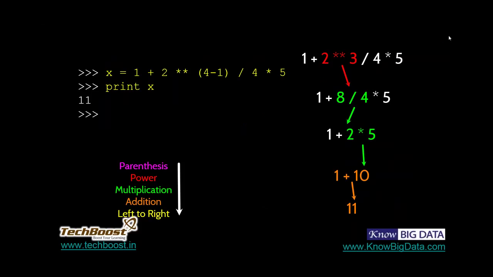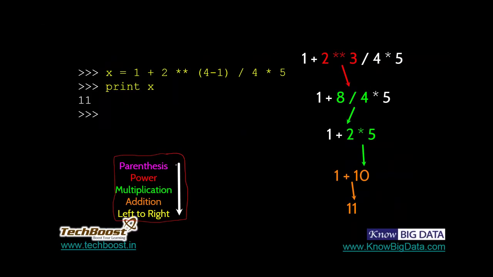Here is the pictorial representation of how the evaluation happens. This is our expression, and let's see how it gets evaluated. We need to remember this picture when evaluating an expression.